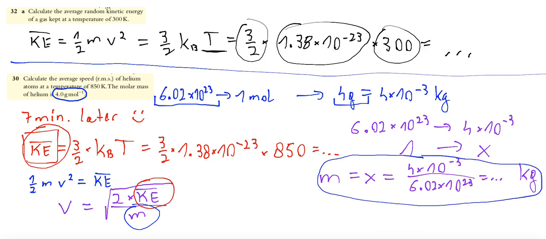And speed will be given in meters per second because we've used standard units: mass in kilograms and kinetic energy in joules. Okay, I hope you did this exercise correctly. If not, please copy this to your notebooks or correct your writing.